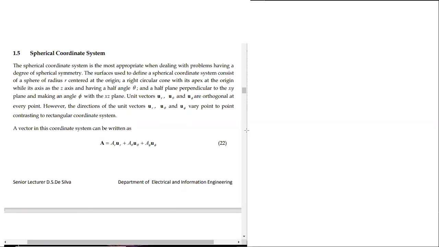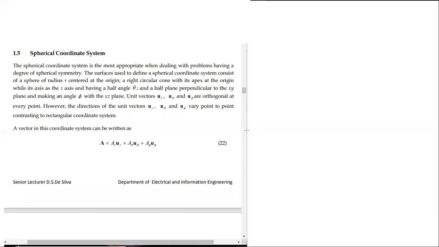Yesterday we discussed the orthogonal coordinate system. Under the orthogonal coordinate system, we discussed two types called the Cartesian coordinates and cylindrical coordinate system.